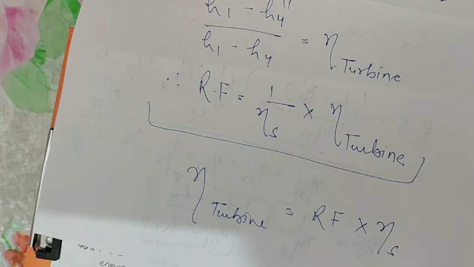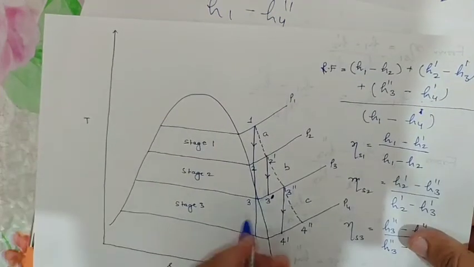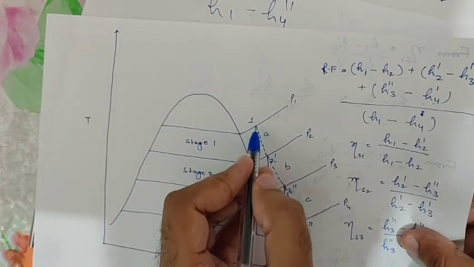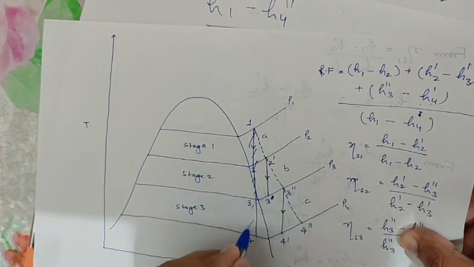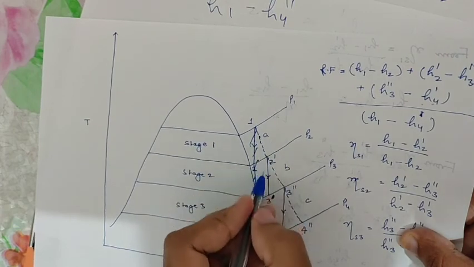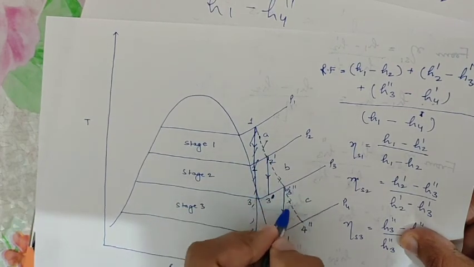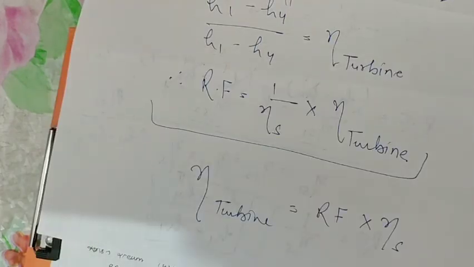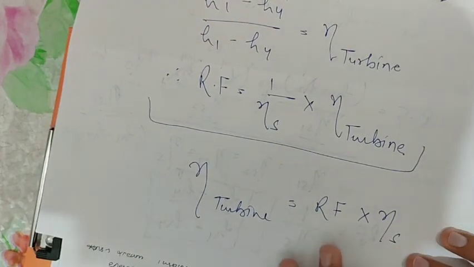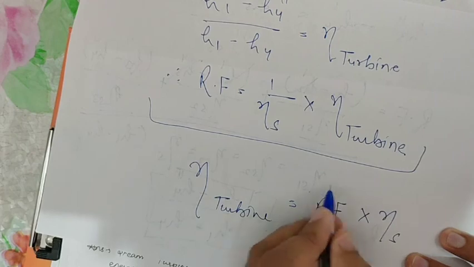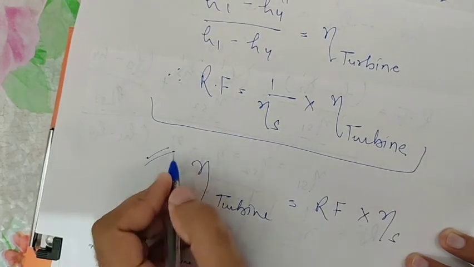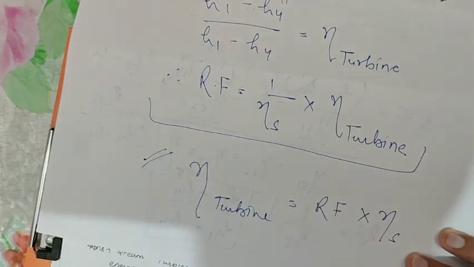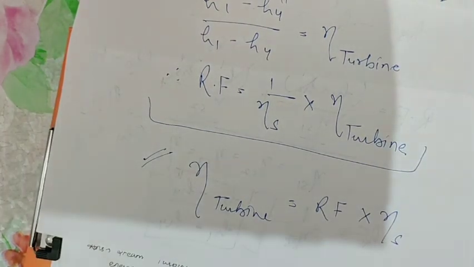According to this relation, if RF is 1, it means the efficiency of this line is equals to the efficiency of this. So this RF is one of the important factors which will help us to determine the turbine efficiency. So in this way the reheat factor is complete. Thank you so much.